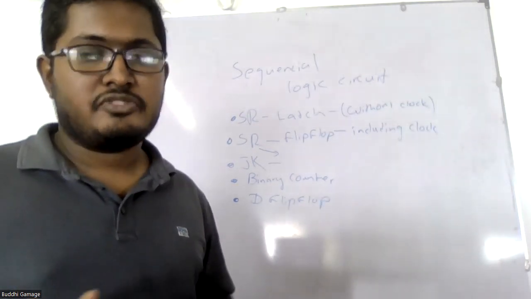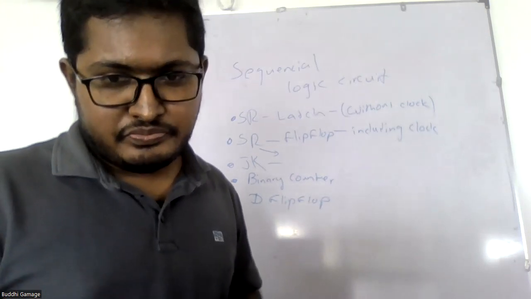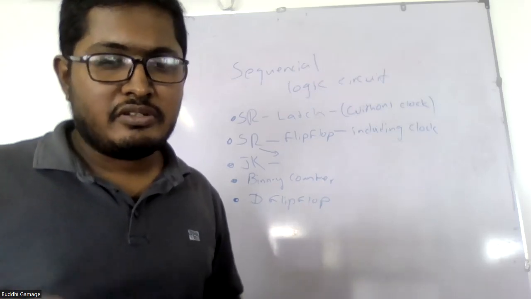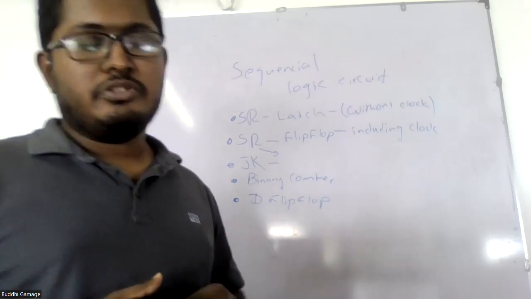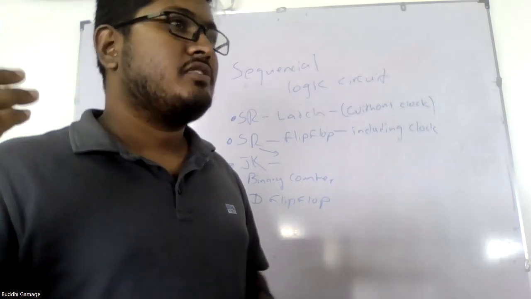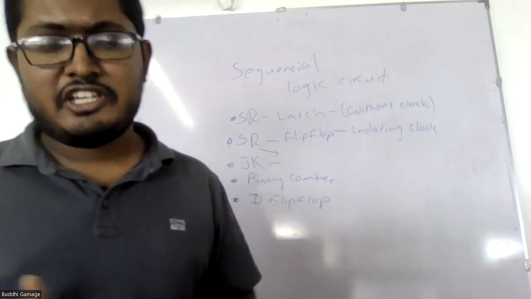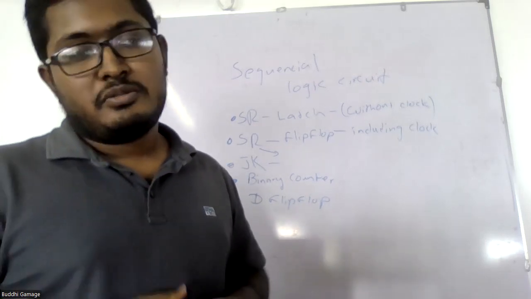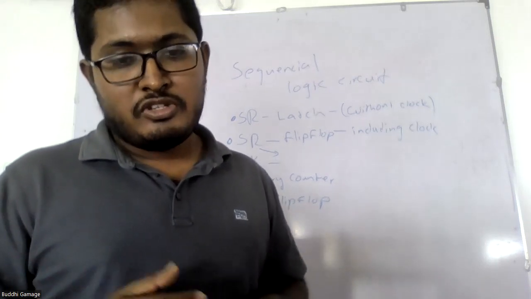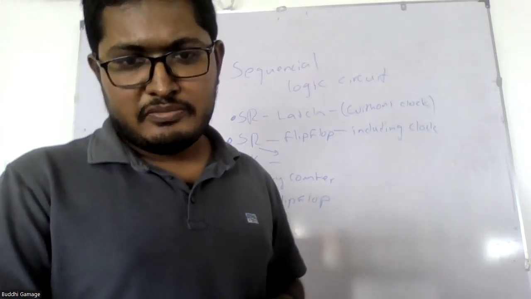But sometimes you need to change a particular value by considering the current state, and then you need a sequential circuit, to remember the current state or current values. So sequential circuits provide that functionality.